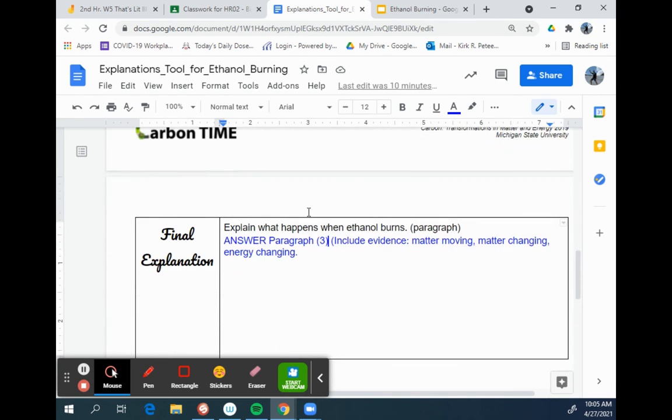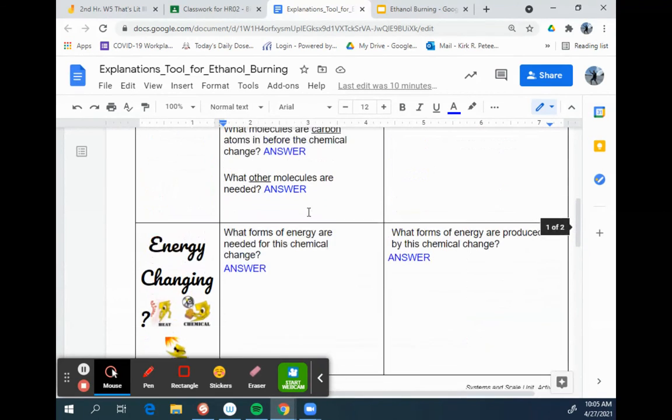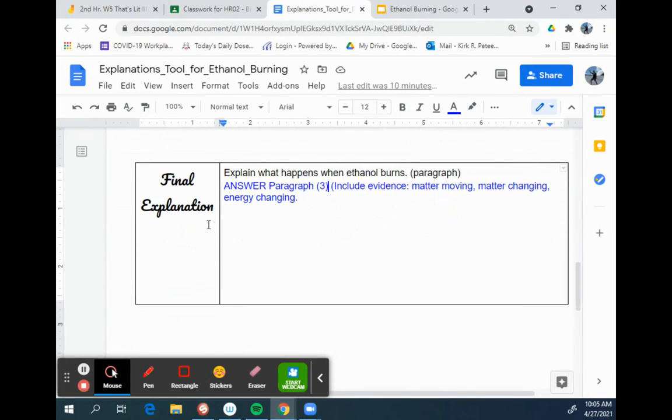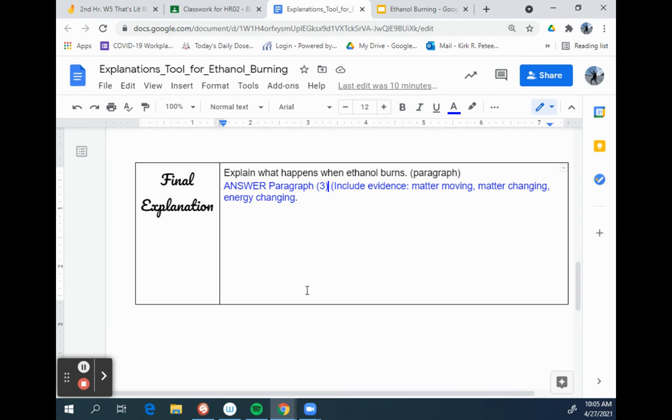When you're finished with the first page of this, you then have your final explanation. And this is what I really am going to look at when I'm grading this assignment. You need to have 3 paragraphs that are going to explain how matter moves, how matter changes, and how energy changes. When you're doing these particular paragraphs, make sure you include evidence.